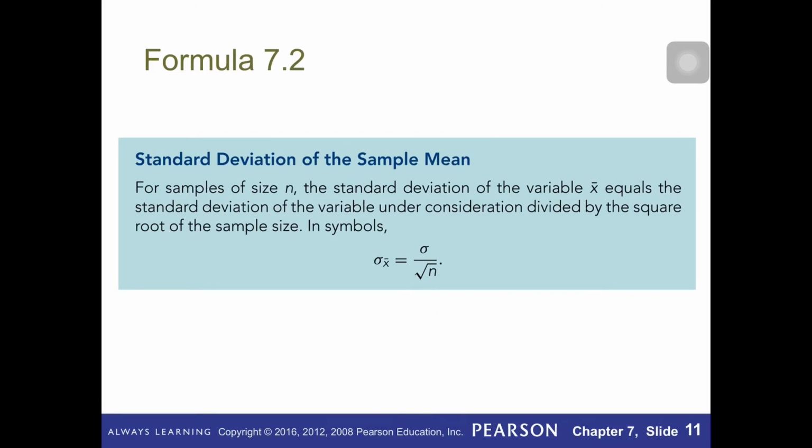The standard deviation of x bar is equal to the standard deviation of the population divided by the square root of n.